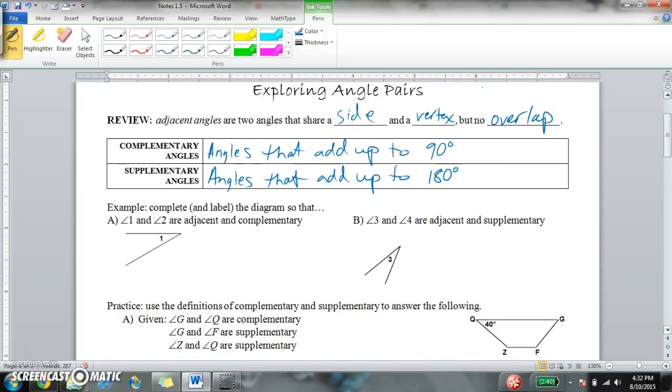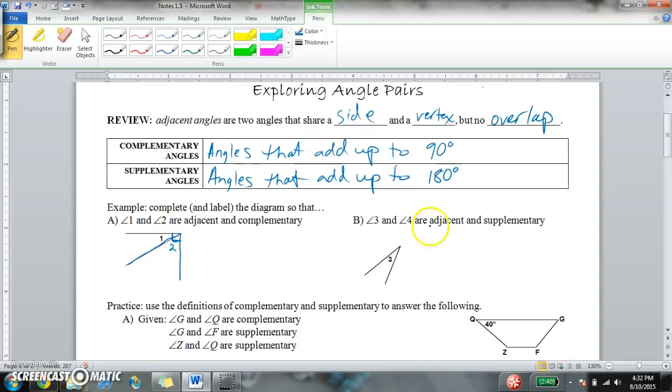So, for example, complete and label the diagram so that angles 1 and 2 are adjacent and complementary. So we just wrote down that complementary means they add up to 90 degrees. So if I want an angle adjacent to angle 1, I'm going to say that this is the common side right here, and that angle 2 is this angle right here, so that those two angles together add up to 90 degrees, or they make a right angle.